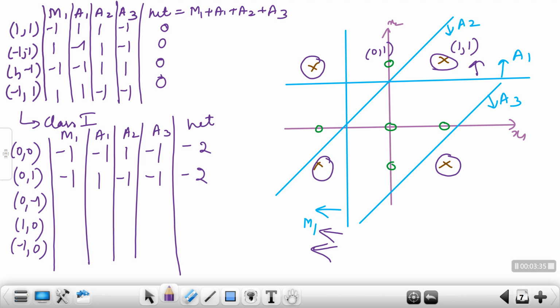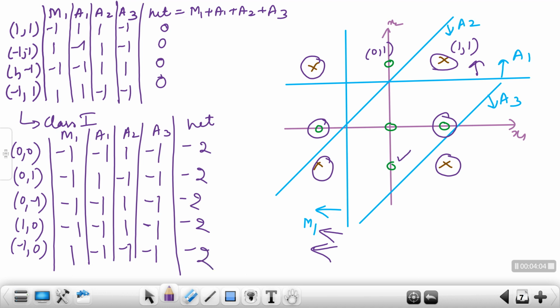Similarly for the point (0, -1), M1 is -1, A1 is -1, A2 is +1, A3 is -1. Similarly for the point (1, 0), M1 is -1, A1 is -1, A2 is +1, A3 is -1, and for the point (-1, 0), M1 is 1 and the rest will all be -1. So similarly here, net is -2.